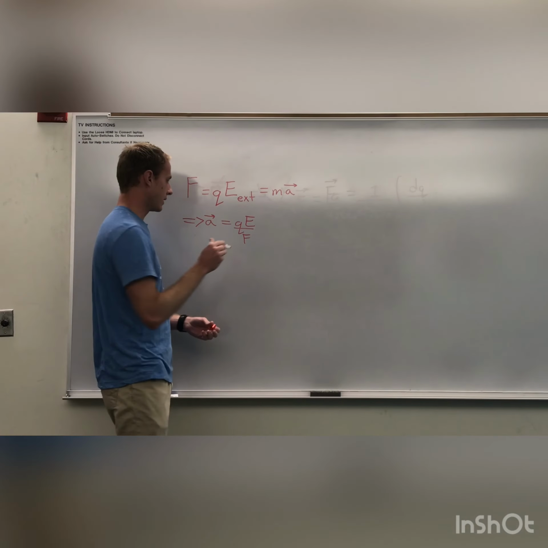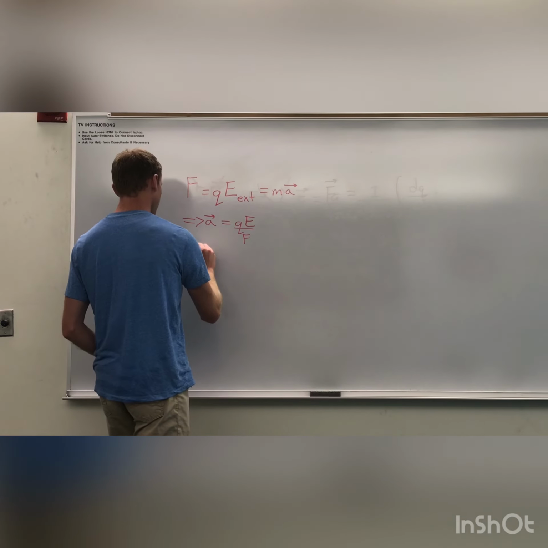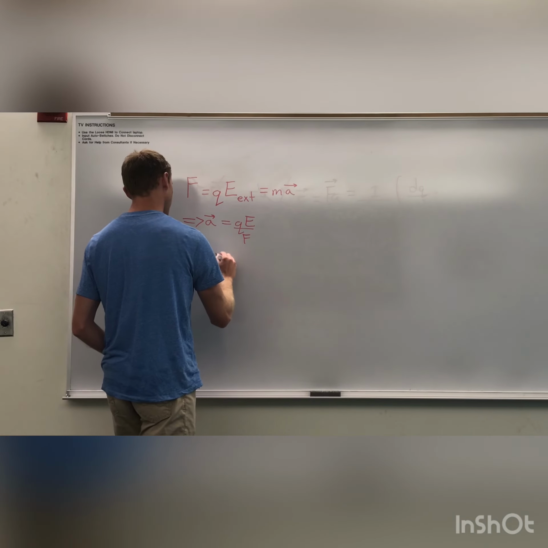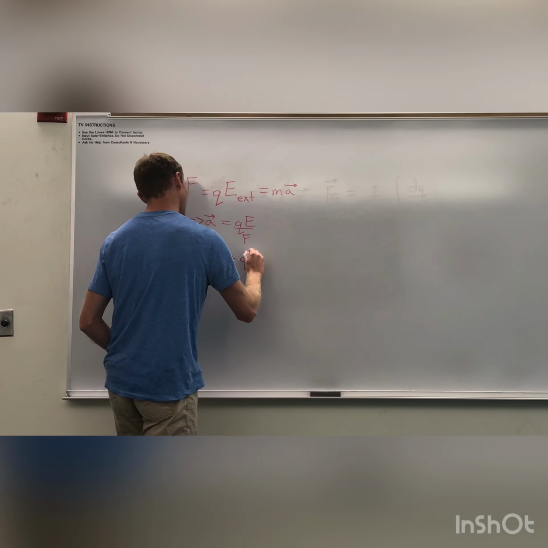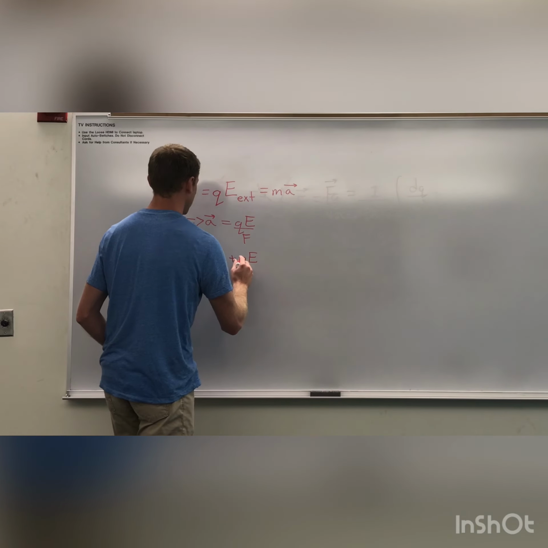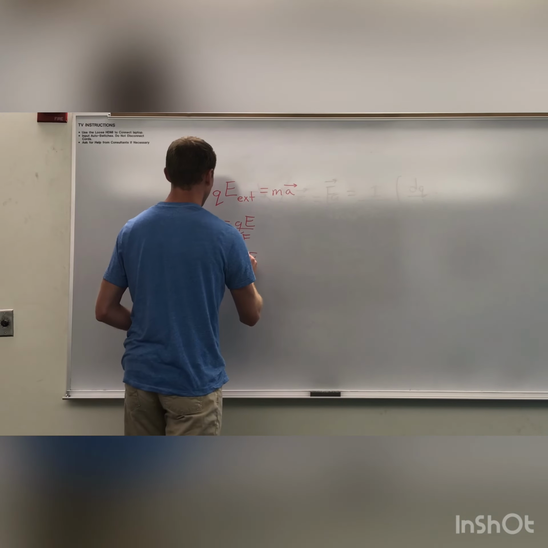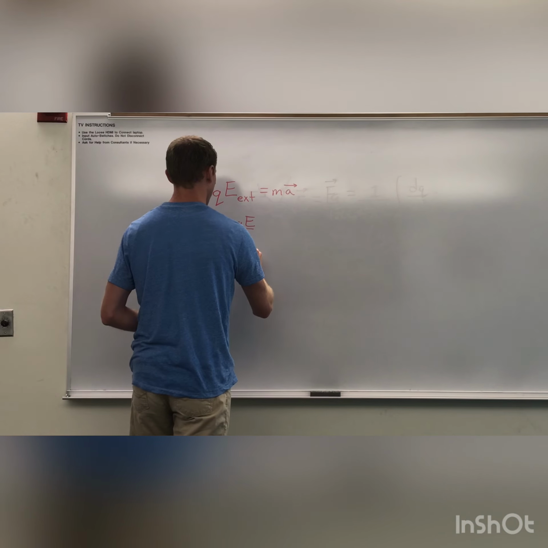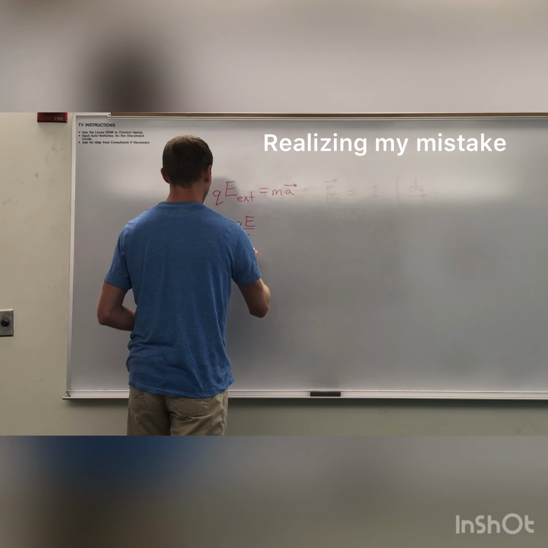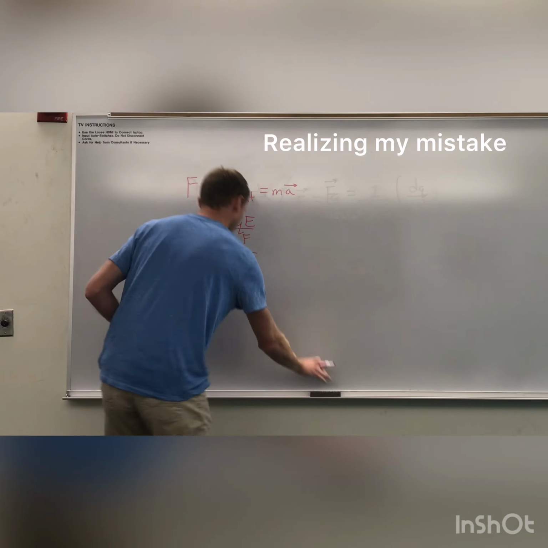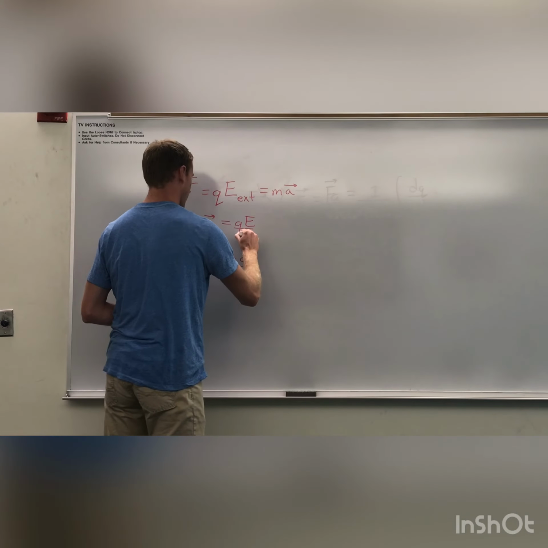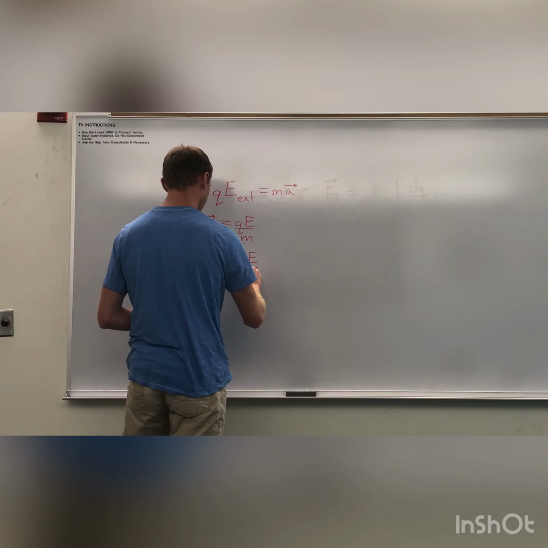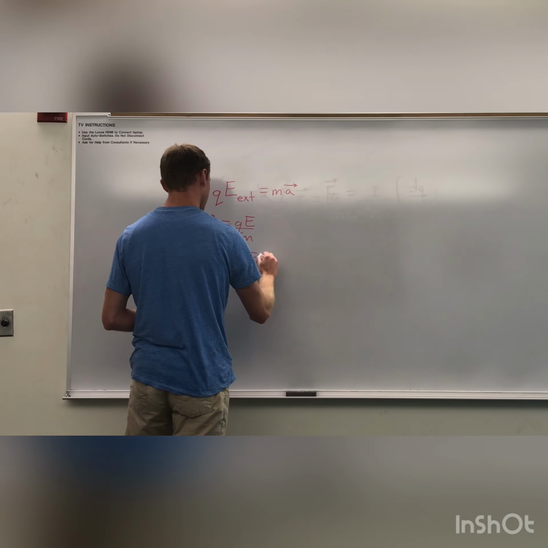So from this we can obtain v as v naught plus Q E divided by m, oh, I apologize, Q E divided by m times t.